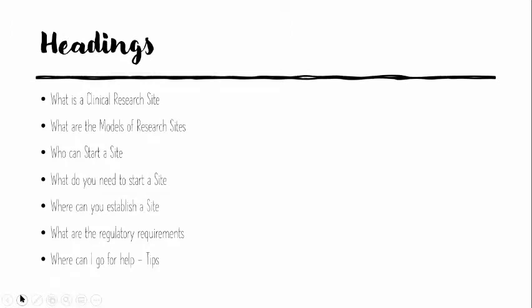I'll also touch on who can start a research site, what you need to start a research site, where you can establish a site, and what the regulatory requirements are. Then I'll finish off with what I call tips, or some information to help you navigate the clinical trial space.